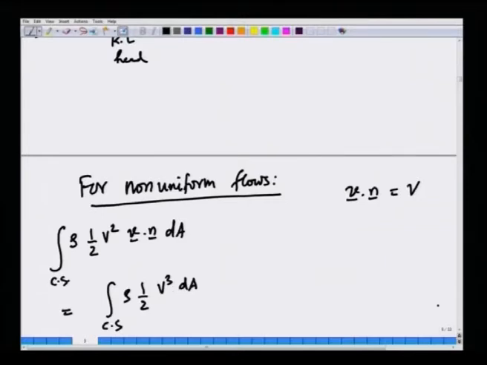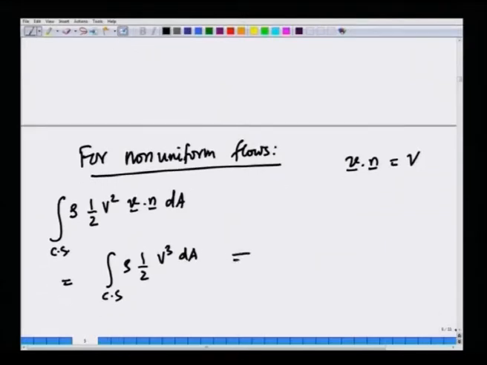Now, you want to be able to write this in the form of a new correction factor alpha times half v average cubed, times rho A, since rho v A is m dot.